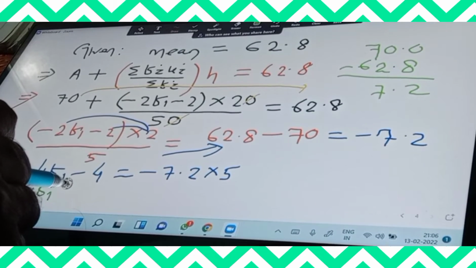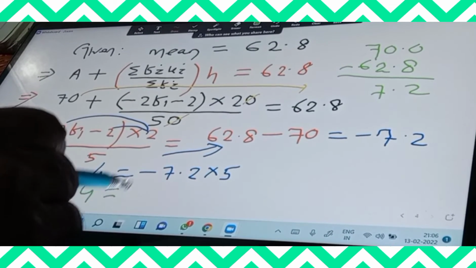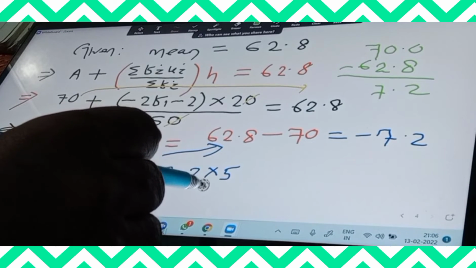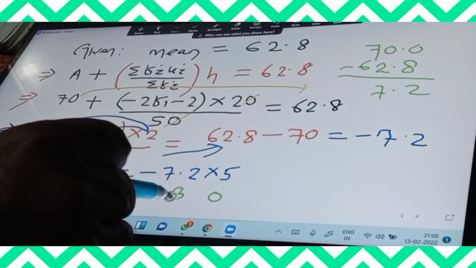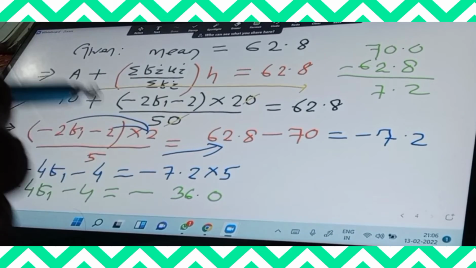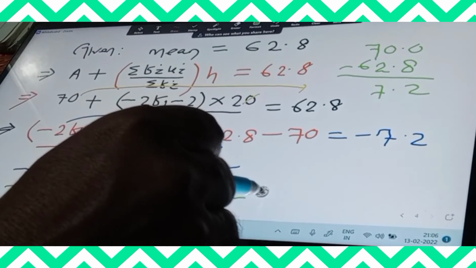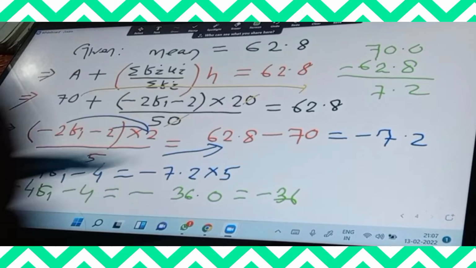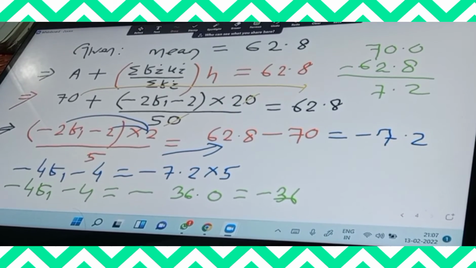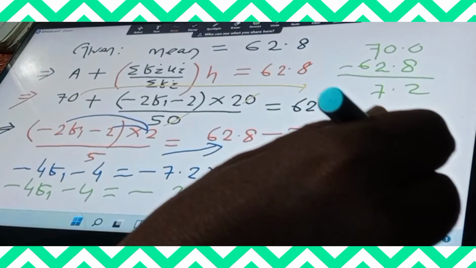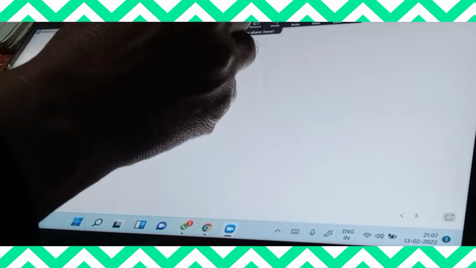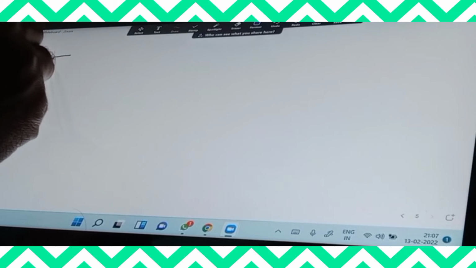Minus 7.2 into 5: 5 times 2 is 10, 0 carry 1, 5 times 7 is 35 plus 1, 36. So minus 36.0, which is minus 36. Understand or not? Clear? So minus 4 f1 minus 4 is equal to minus 36.